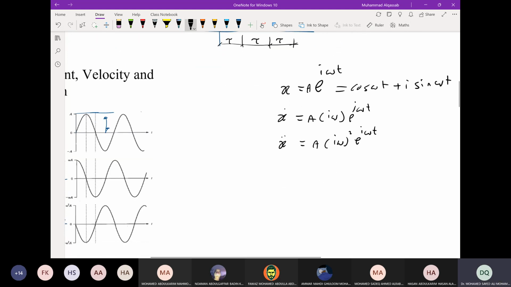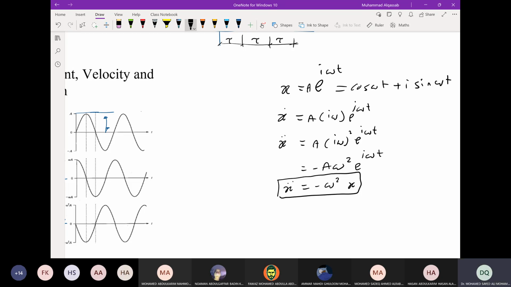So this becomes minus, because i is the square root of minus 1, and the square root of minus 1 squared is minus 1. So it is minus a omega square e^(i omega t), which is equal to minus omega square x. So this is also harmonic.